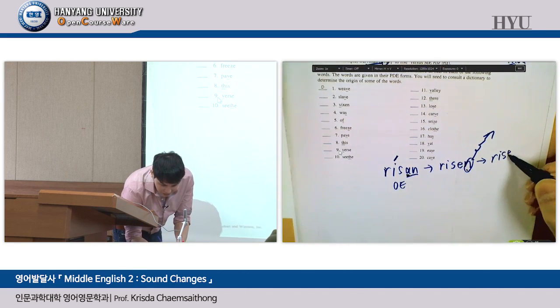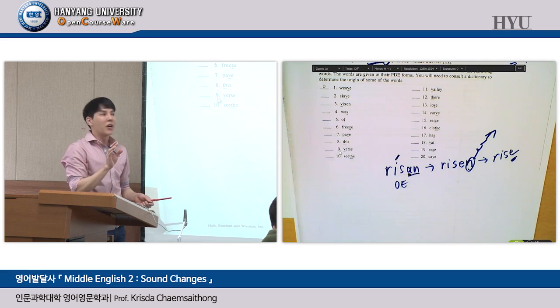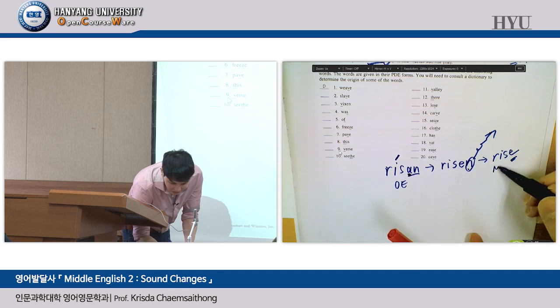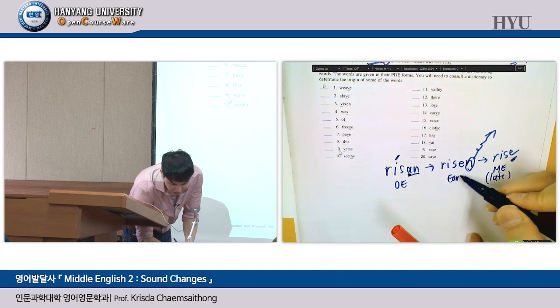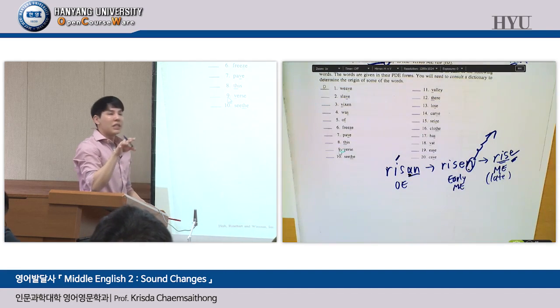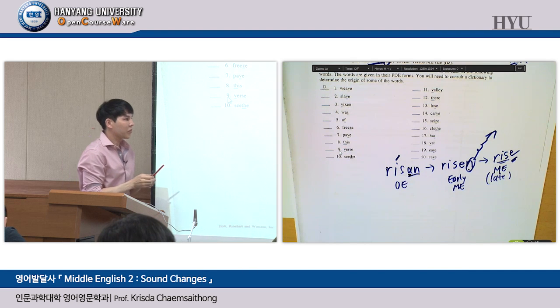So the spelling is there, but you don't pronounce the N anymore, and the E you don't pronounce anymore. So in Middle English, this is maybe late Middle English. This is early ME. So you pronounce it as rees in late Middle English, right?